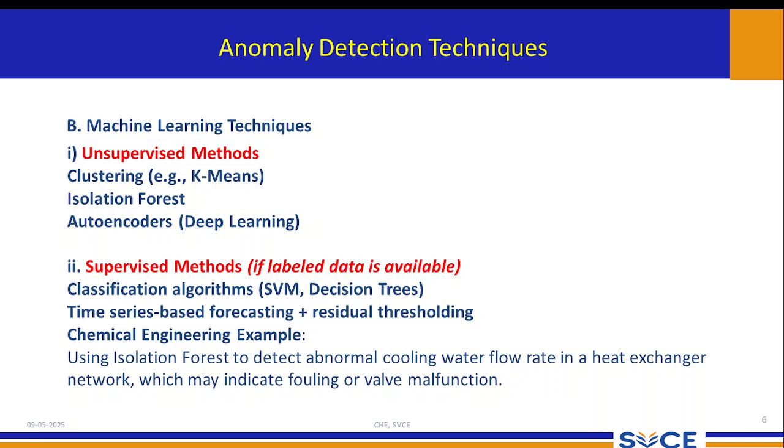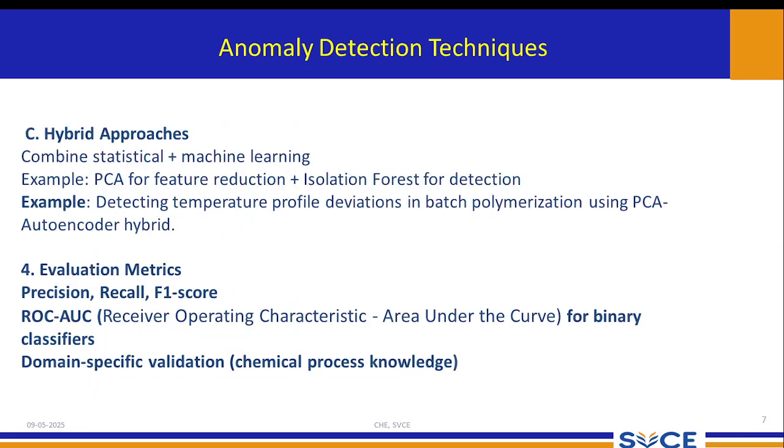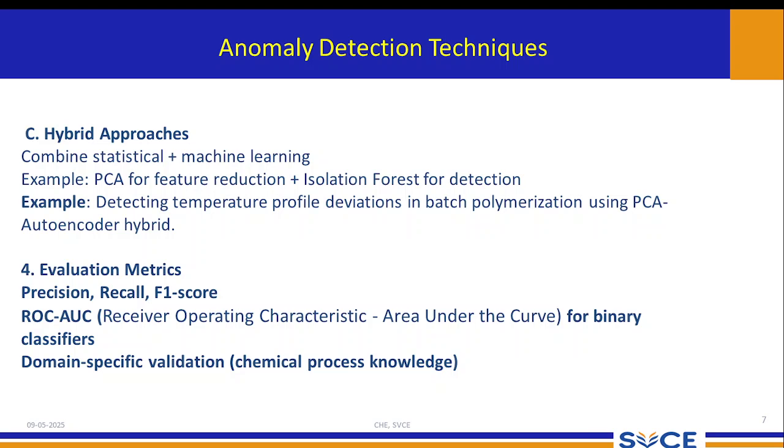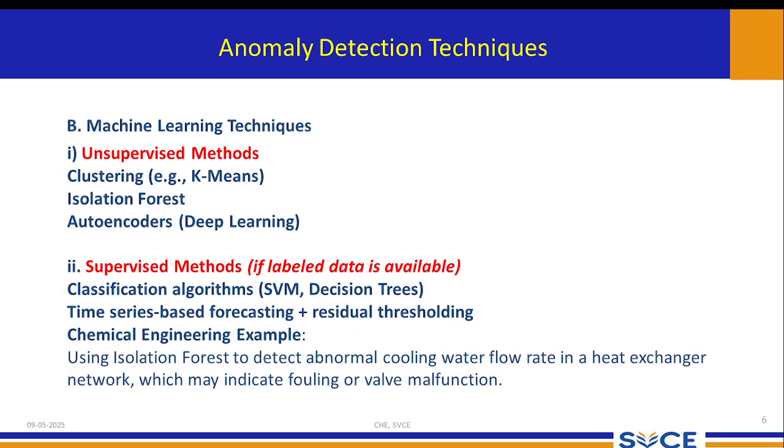If a larger flow rate is required, obviously there may be fouling in the heat exchanger, so it gets heated up, and because of that the flow rate is increasing. So using isolation forest, the anomalies have been detected by machine learning techniques.